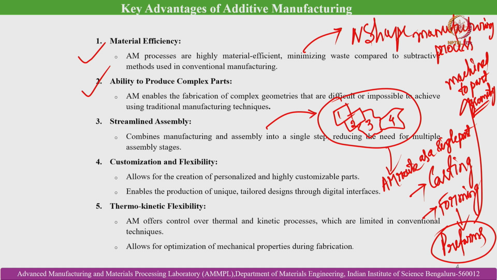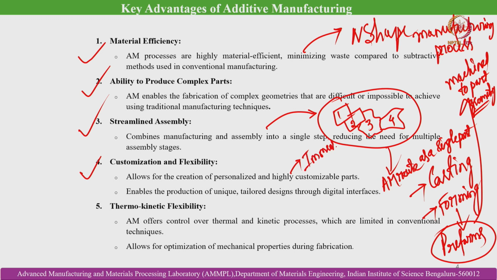So, going ahead, the customization and flexibility. It allows for the creation of personalized and highly customizable parts, and enables the production of unique tailored designs through digital interfaces. Another key advantage of AM is to provide immense design freedom.